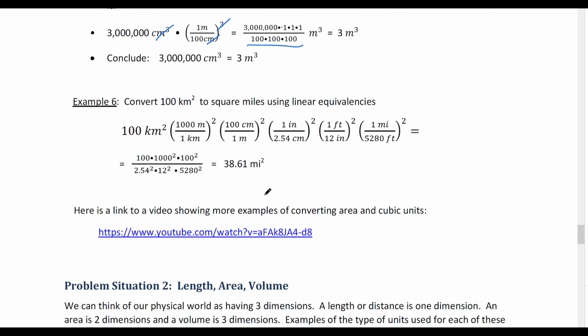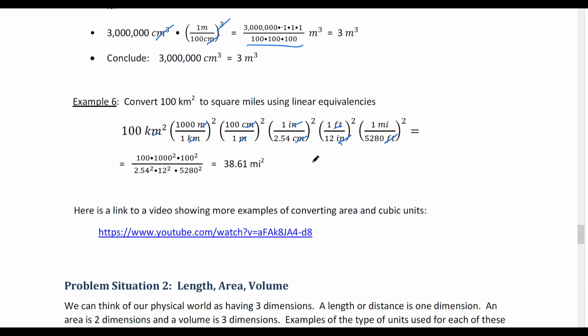So converting 100 square kilometers to square miles, we know that it's 100 kilometers squared times, I'm not sure why we don't just use the other factor here, but this is the long way to go about it. They're doing kilometers to meters, meters to centimeters, centimeters to inches, inches to feet, and feet to miles.